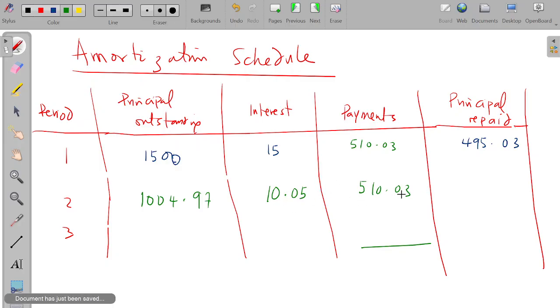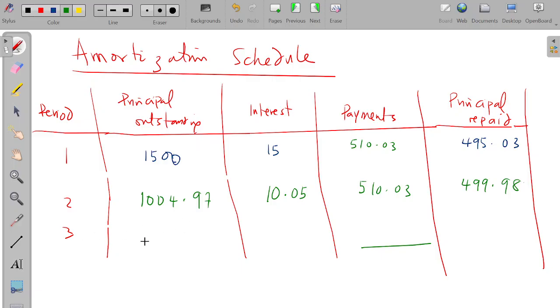This payment remains the same. Then, to find the principal repaid, you subtract this from the payment, and you get 4.98... 489.98.